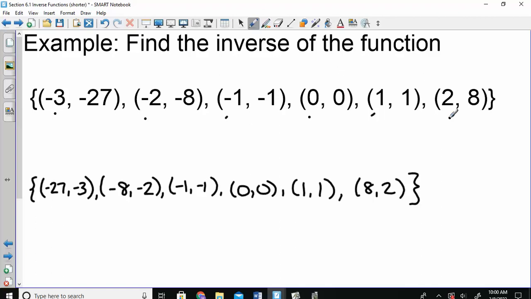The range of the inverse, because x and y flip, so your domain and range flip. The range of the original gives you the domain in your inverse. So when we start finding these, we'll be doing domains and ranges, but it's really not 4 separate things you have to find. It's really 2 of them.